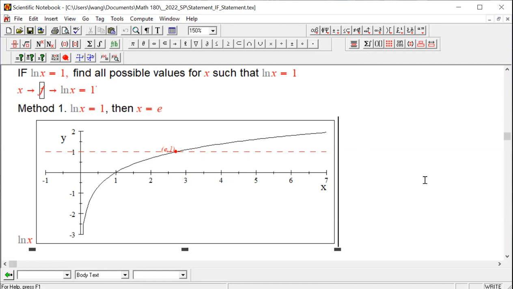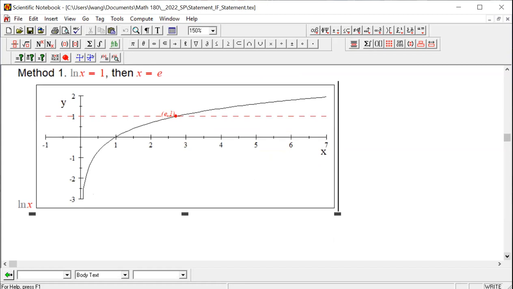We graphed more points, I can proudly say, than any textbook has done. Why? Because we want to enhance the idea that all we're dealing with is input given or output given. When input is given, vertical. When output is given, horizontal. All right, method 1.